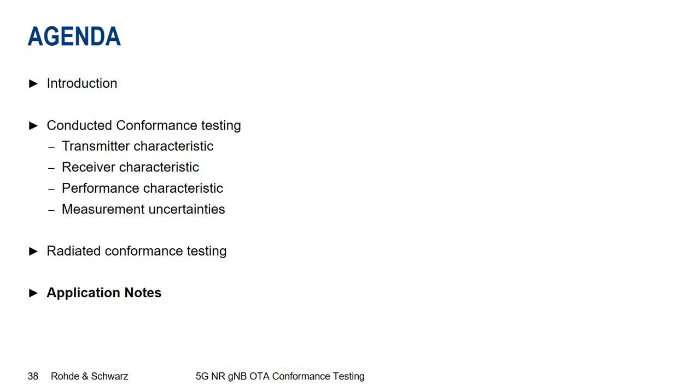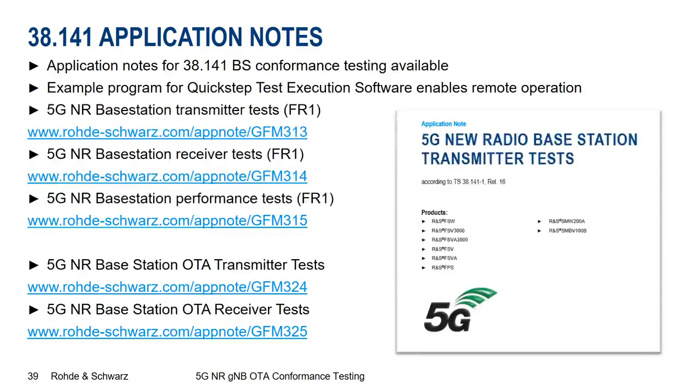Last topic, application notes. So for all 38141 tests, application notes have already been published. They cover the different chapters, transmitter, receiver, and performance tests. And in addition, there is also a test execution software available which enables remote operation.